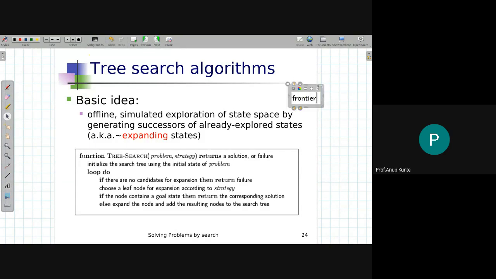What was frontier? Frontier was the set of those nodes which were open for inspection, but not yet inspected to verify whether they were goal node or not. So from the nodes within the frontier, I have to select one of them to test whether it is a goal node or not.